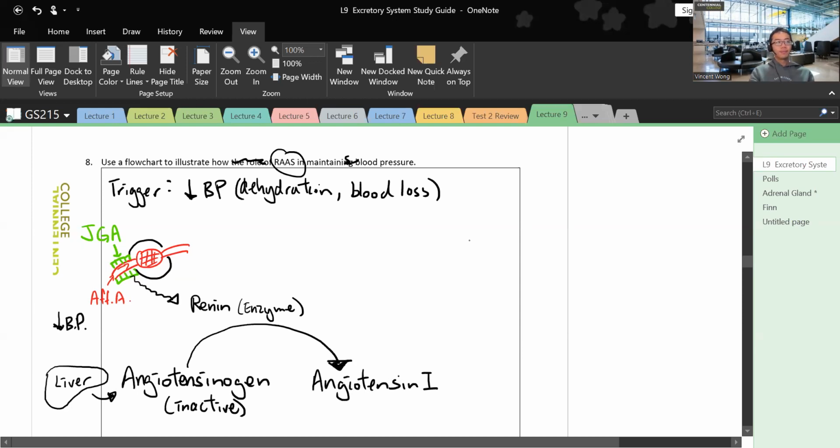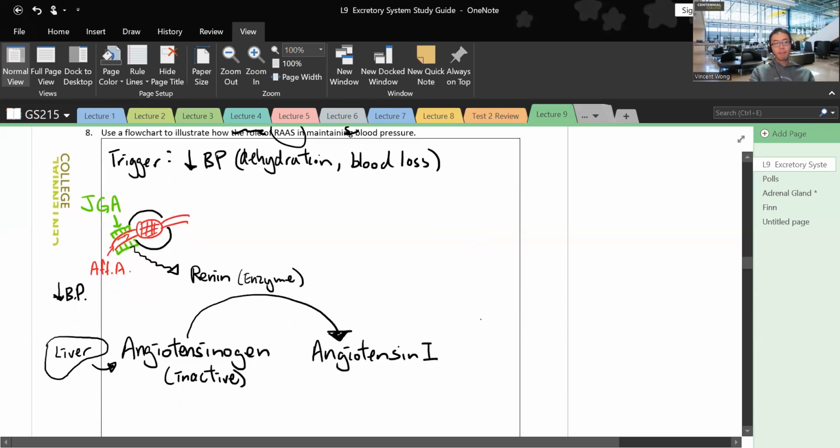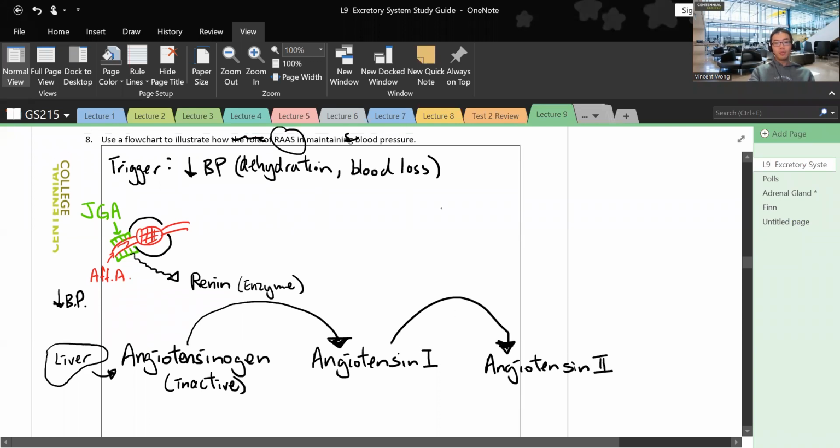All right. Number 1 is not the end, unfortunately. You will have to activate it one more time, and it will become angiotensin number 2. But in order for us to do that, we will need another enzyme.